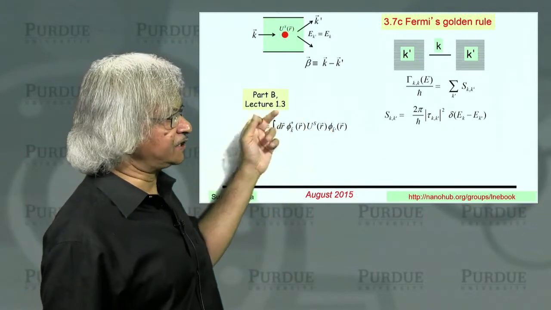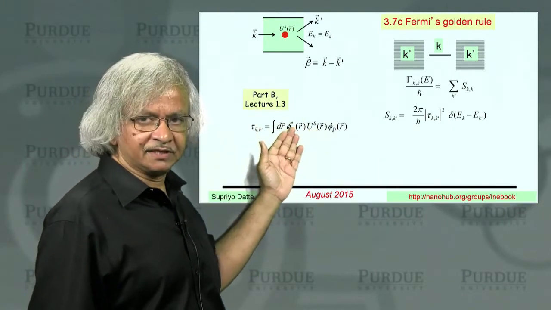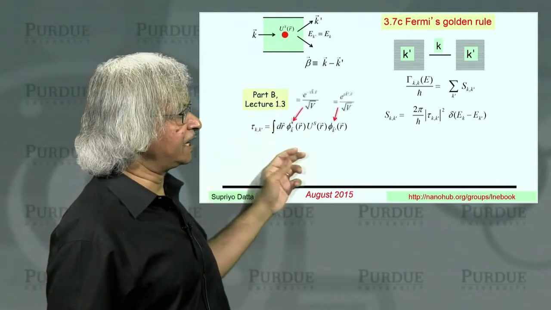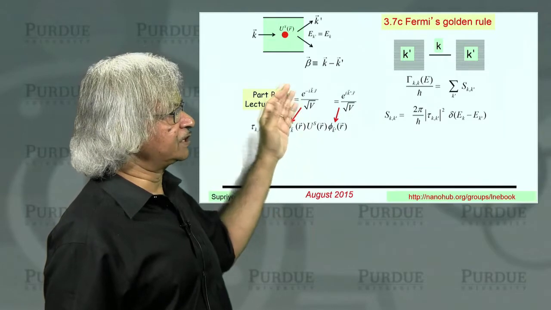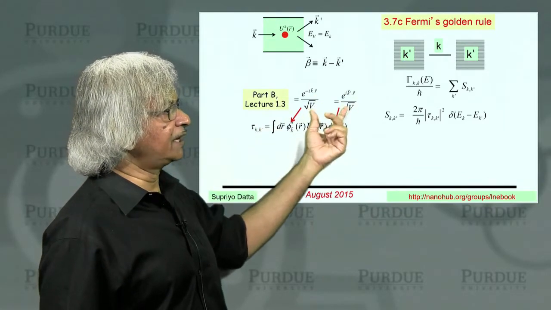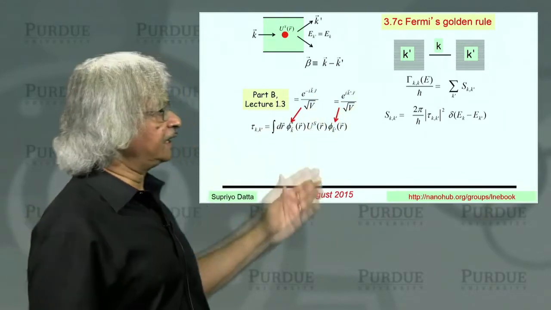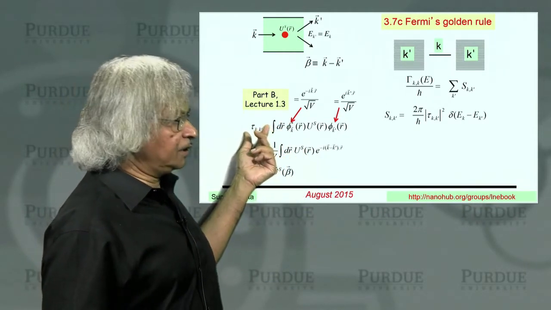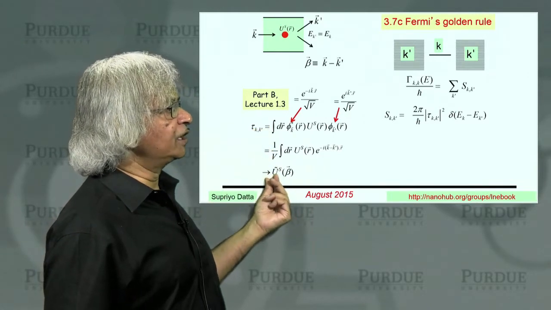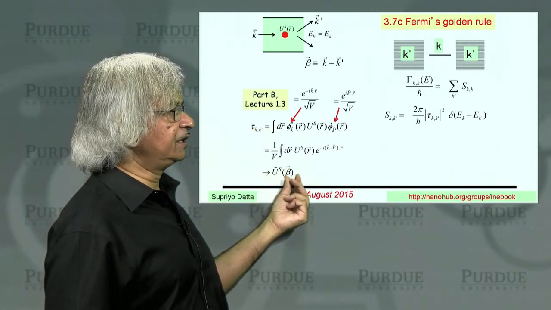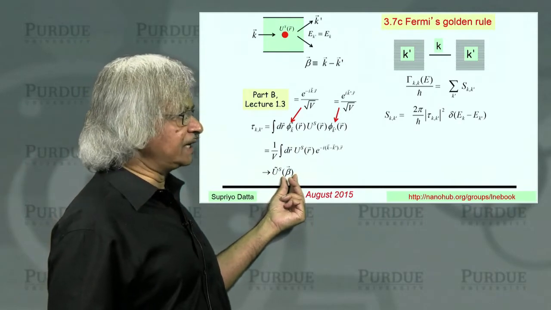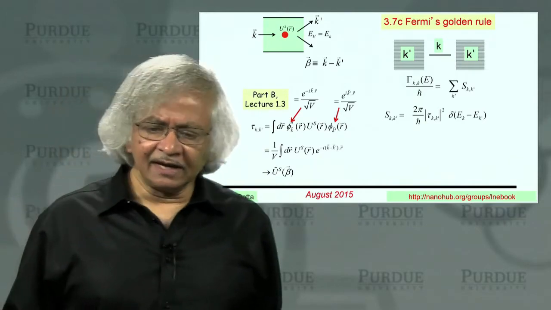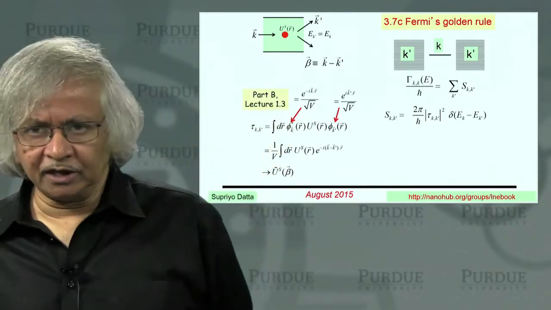But if you look at that lecture, I introduced this basic relation, which you could use in this context. If you wanted to evaluate it, you'd say the initial and final wave functions are plane waves normalized to a certain volume. If you multiply it out, you get that the matrix element tau is like the Fourier transform of the scattering potential at a value beta, where beta is the difference between the initial and final wave vectors, etc. This part I'm not going into in any detail.